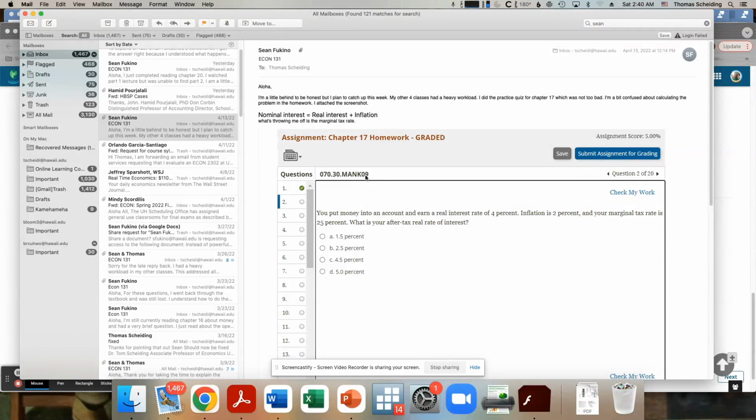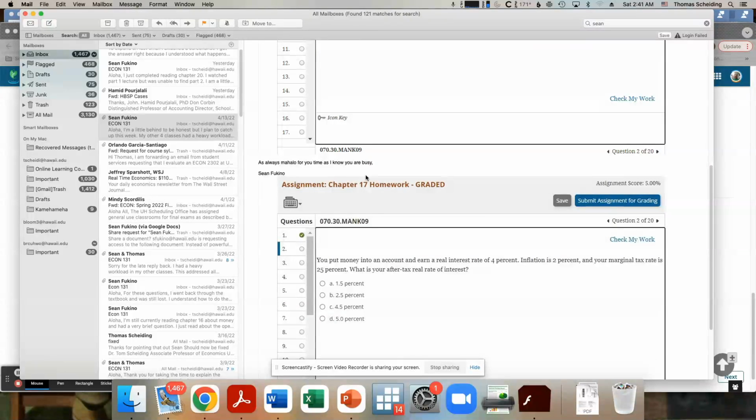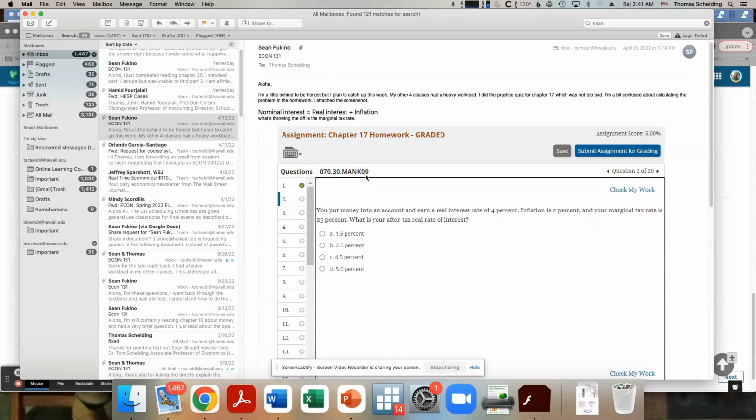So at 4%, times inflation rate at 2%, which would reduce the value.